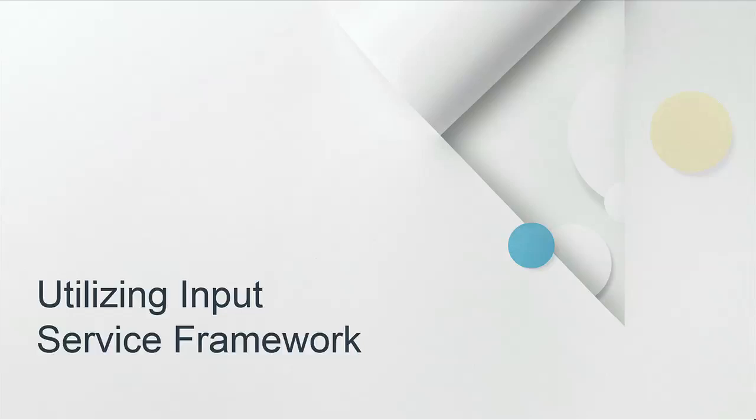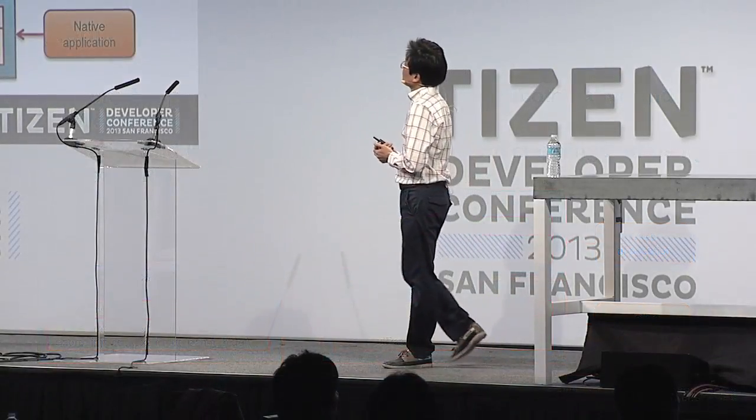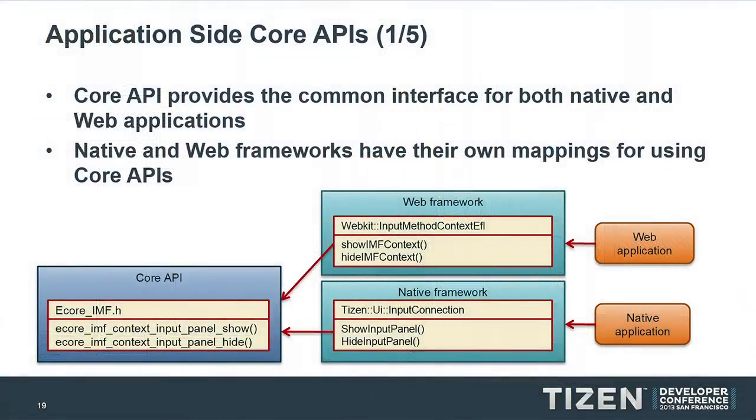Okay, then let's have a look at how we can utilize the input service framework. Let's have a look at the application side core APIs first. Well, as I have mentioned several times, there is a core API, and the core API provides the common interface for both native and web applications.